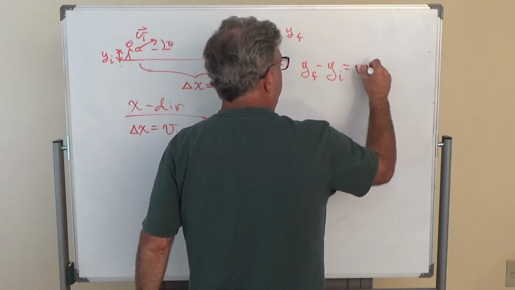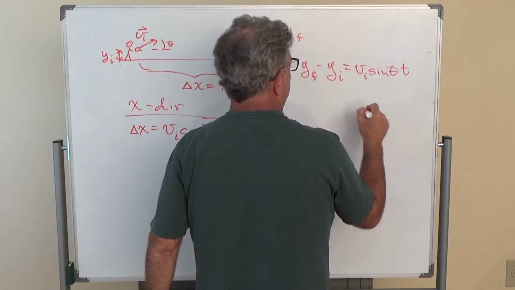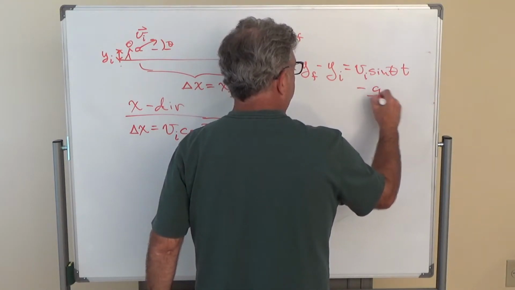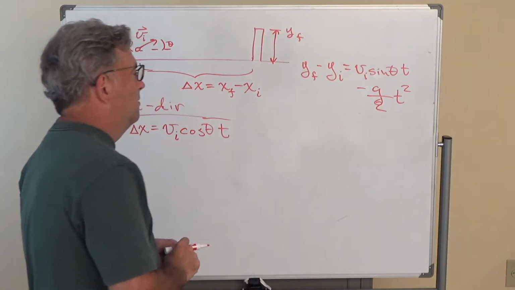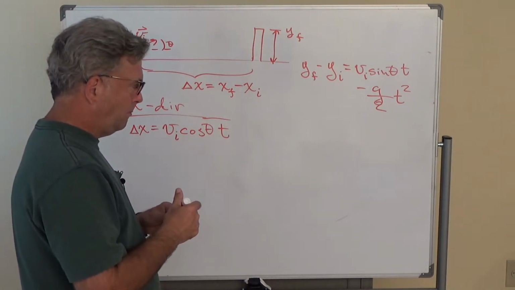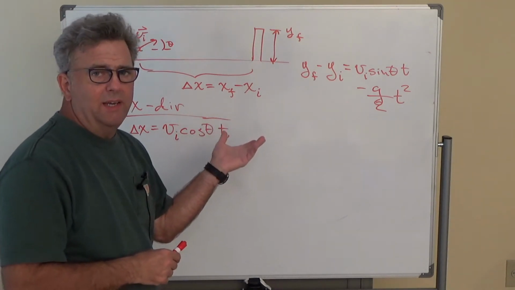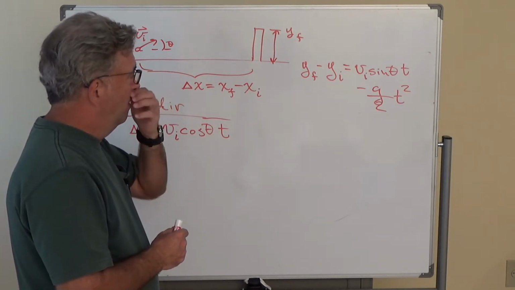That's equal to V initial sine theta T minus g over 2 T squared. Well, you do the same thing that I did in the previous problem.